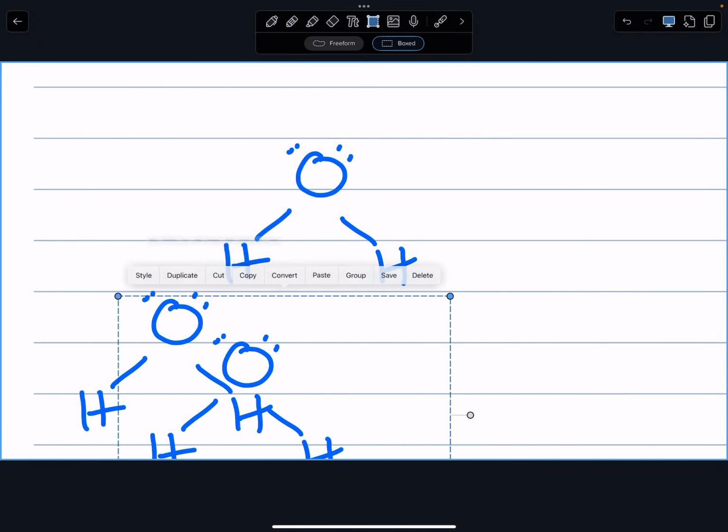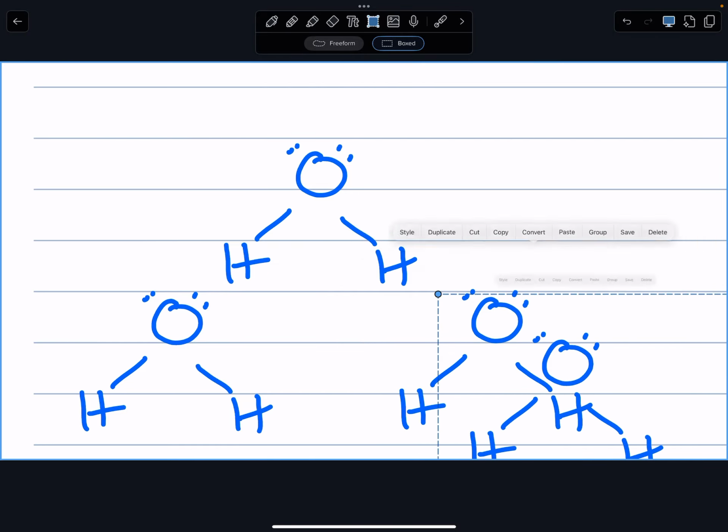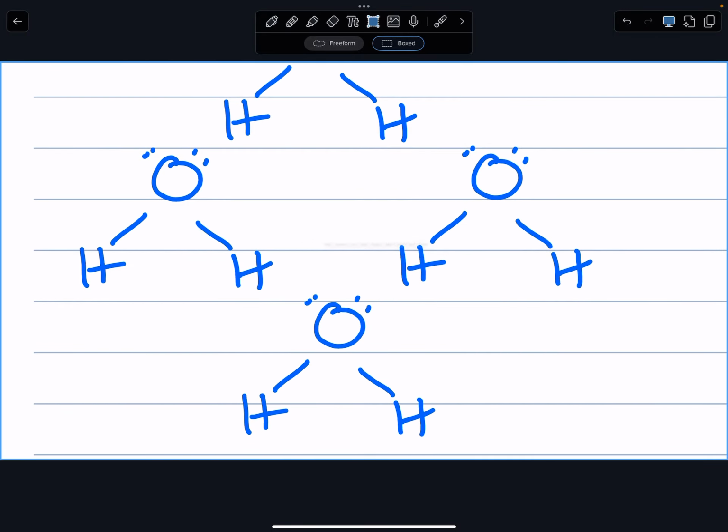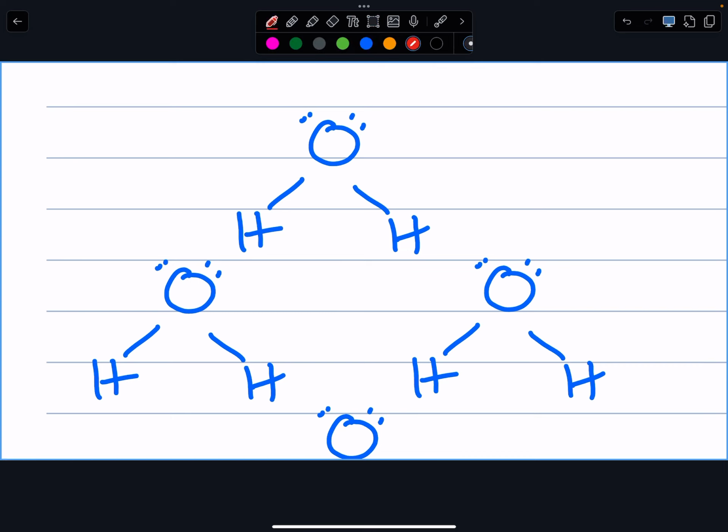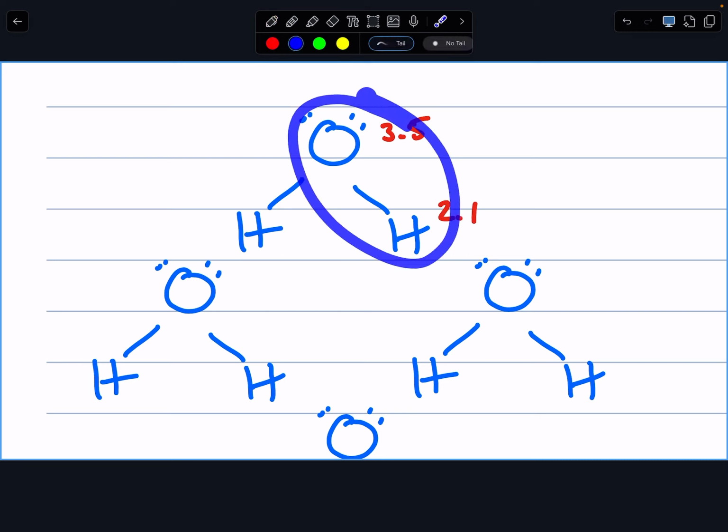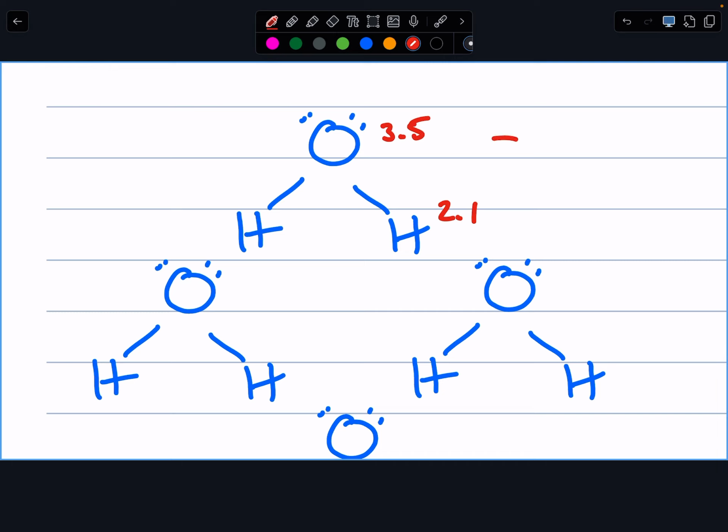Here's a water molecule, here's a water molecule, here's a water molecule. Okay, good. I drew 4. Oxygen has an electronegativity value of 3.5. Hydrogen has a value of 2.1. I want you to tell me if this bond is polar or non-polar. How do you know? What is 3.5 minus 2.1?